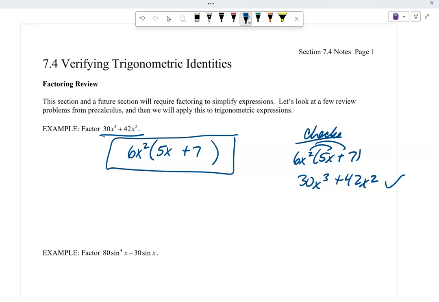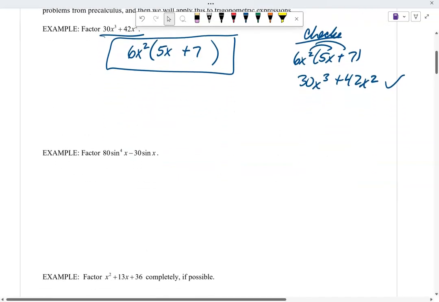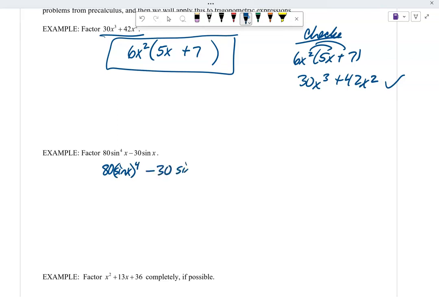Well, similarly for trig expressions, if you look at this next one, I have 80 sine to the fourth of x. In other words, I have 4 of these sine x's, and minus 30 sine of x. It's kind of like if sine was u, it's kind of like factoring that, right?